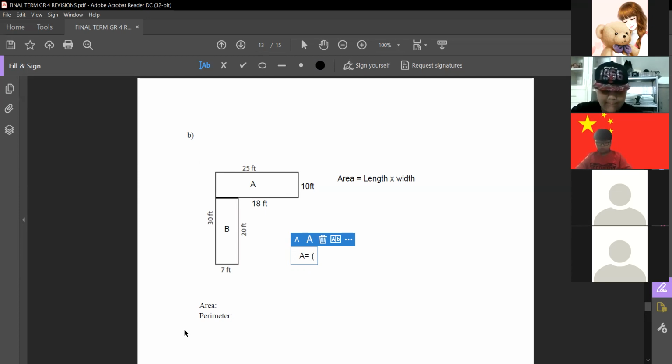Very good. For A, 25 you need to multiply with 10. That one is for A. How to find the area for B?